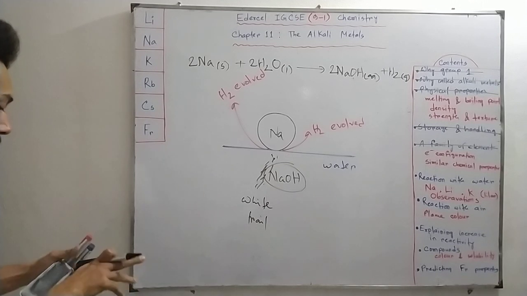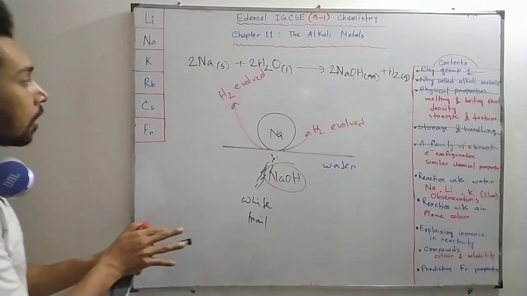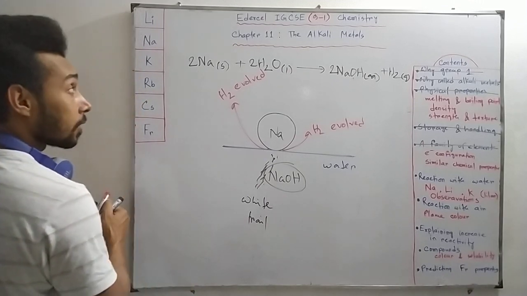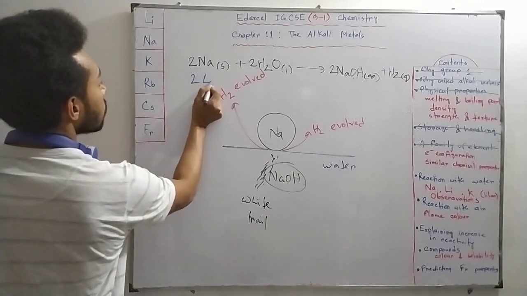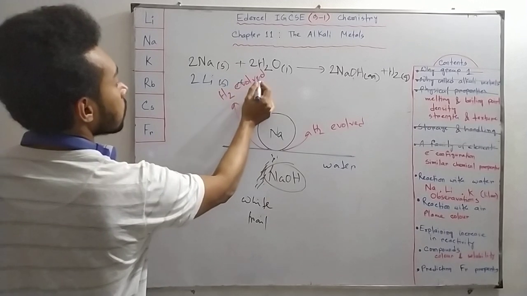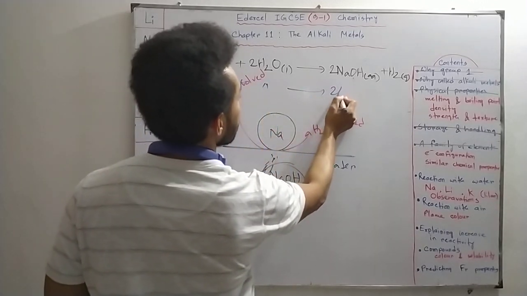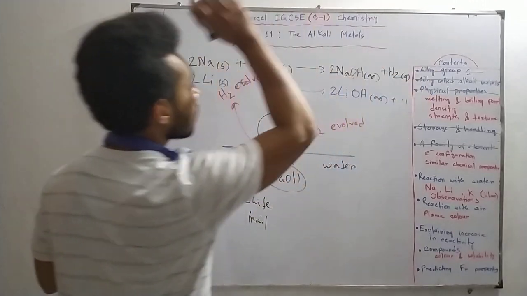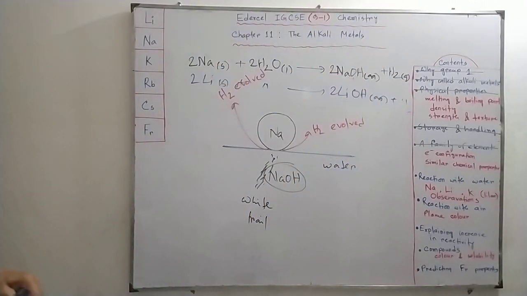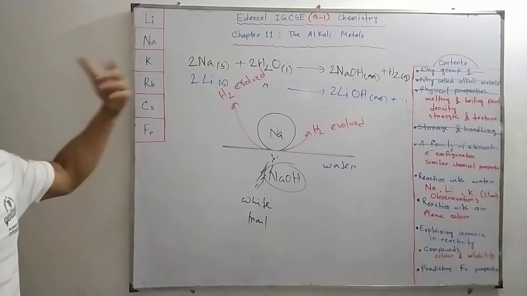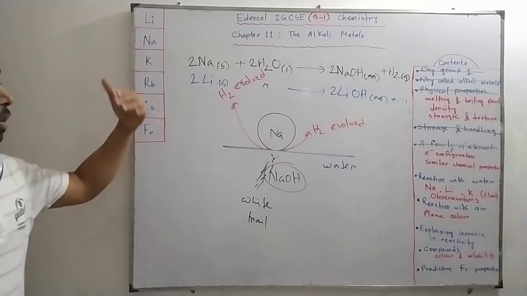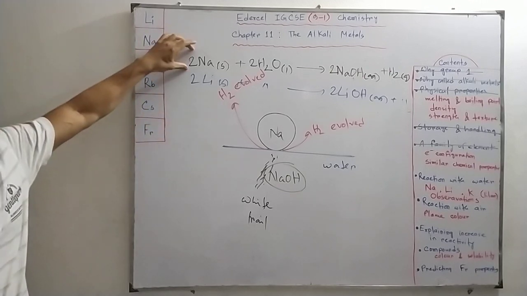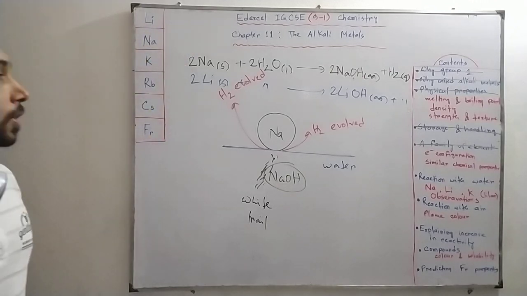And if you react lithium or potassium with water, you will find similar results: lithium hydroxide, similar hydrogen gas. Okay, but you'll find some difference. Lithium reacts in a similar way as sodium, but there will be some difference.